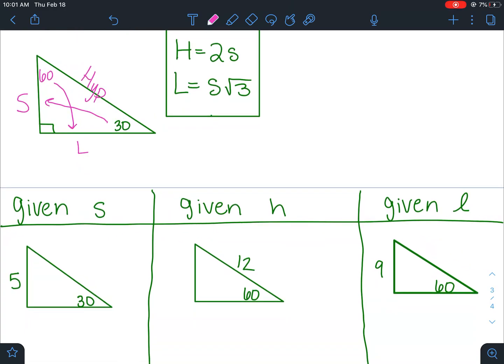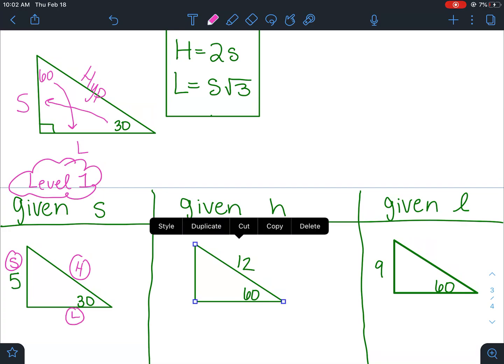All right, we're going to go with level 1, and we're going to go all the way up to level 3. Level 1 is fairly simple, I would say. We're just plugging in. There's really no math involved here. I am currently given my short side. Over here is my long side and my hypotenuse. I always label which one is short, long, and hypotenuse so I know what I have and what I can plug in.